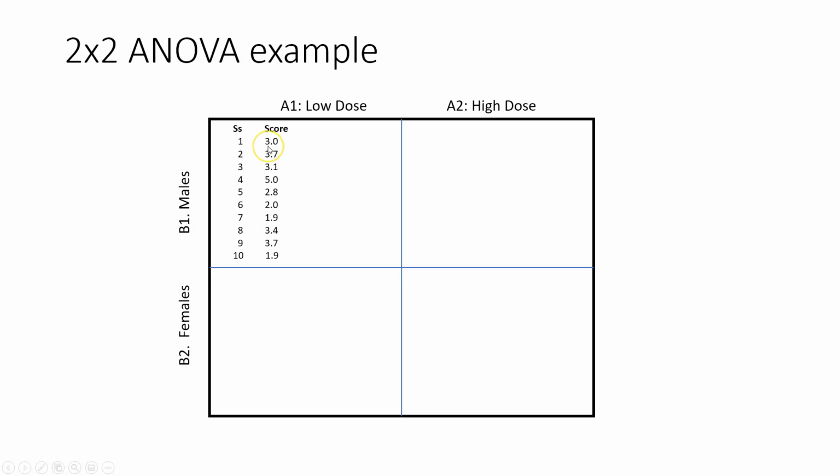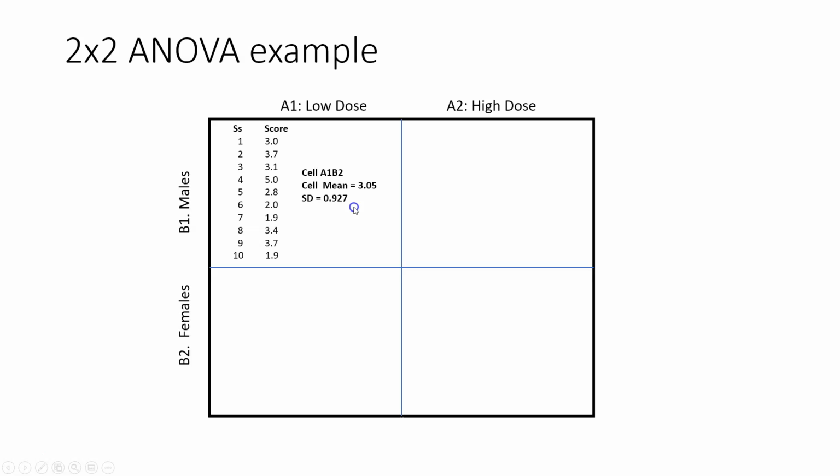You could look at person number 1 here has a 3, person number 2 has a 3.7, and so on. And you could take the average of these 10 people, these 10 males who are on the low dose, and you would see that cell A1B1 has a cell mean of 3.05, that's the average of all 10 of those, and a standard deviation of 0.927.